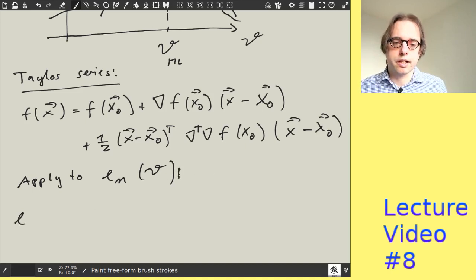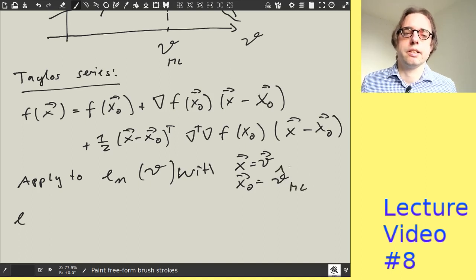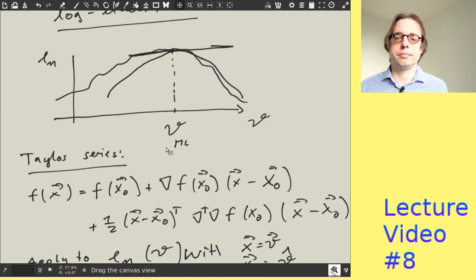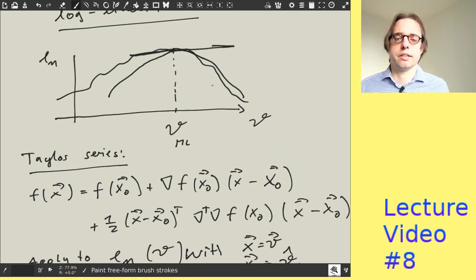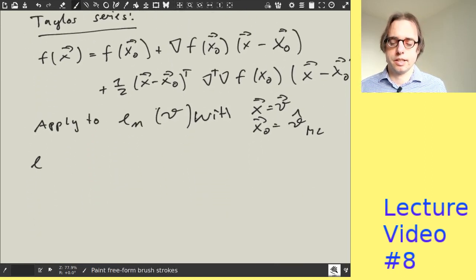So we apply this with x equals theta, and x naught is theta hat ML. So we develop the quadratic approximation around the maximum, and this turns out to be as follows.